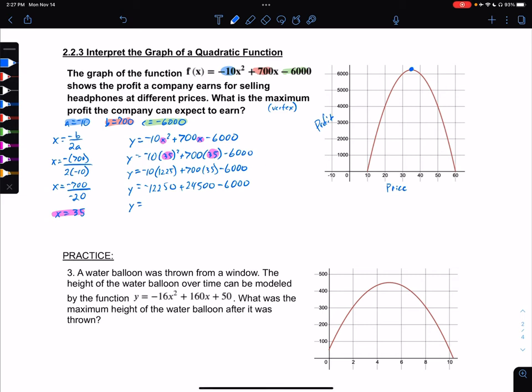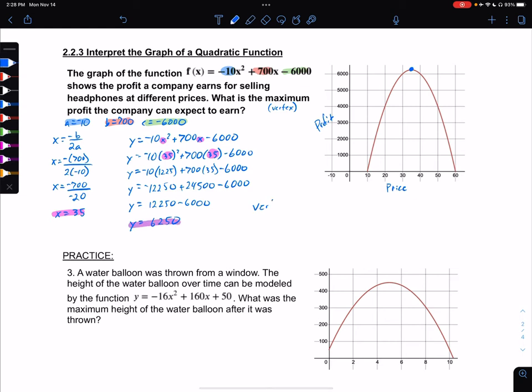So I'm going to show all the steps just so we don't make any silly mistakes here. Adding these up, we get 12,500. Oh, sorry, 12,250. See what I mean? We tend to rush through these. Minus 6,000. And then that would be 6,250. So that is my y coordinate for my vertex.